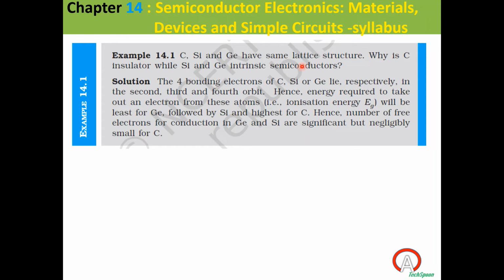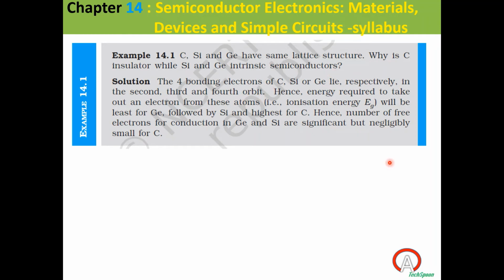So carbon is an insulator, while silicon and germanium are semiconductors. But in germanium it is very easy to excite the electrons when compared to silicon, because the valence electrons are in the fourth orbit. Okay, clear?